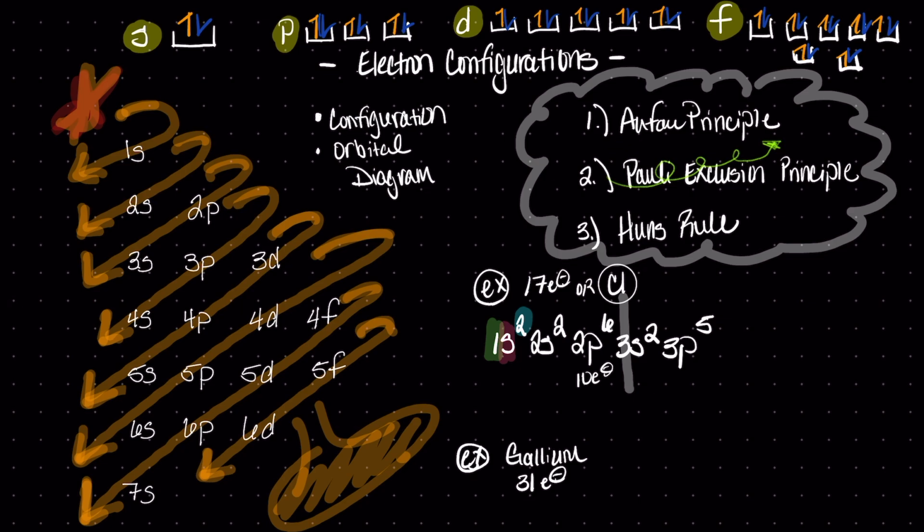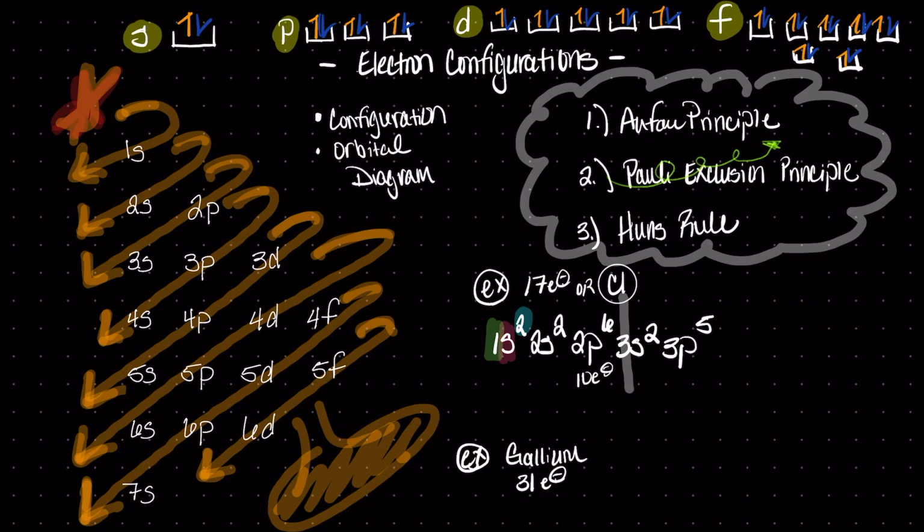So that means my p orbital is partially filled. Your p orbital can hold 6 electrons, but it's only currently sitting with 5. That's fine. It doesn't have to be maxed out. It can have partial filling.